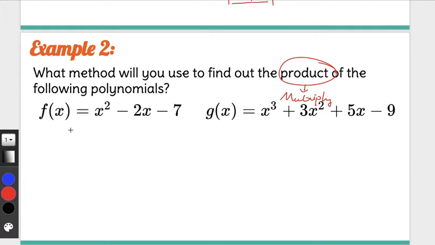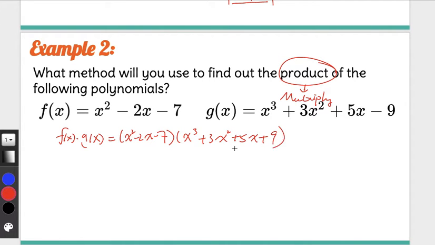So if we want to multiply, you can definitely still use the way I mentioned. You can use distributive property. Let me write it down. You can just multiply everything, but please do not forget any terms.